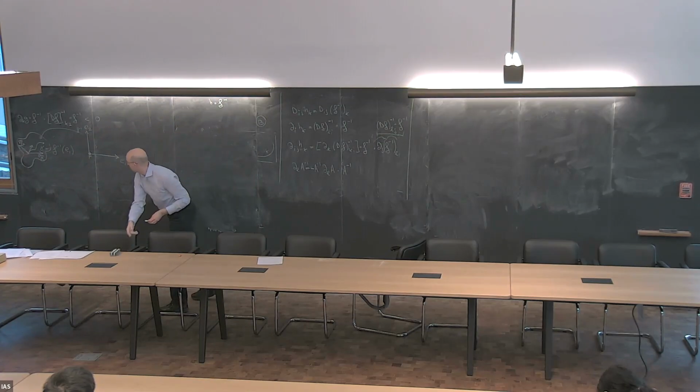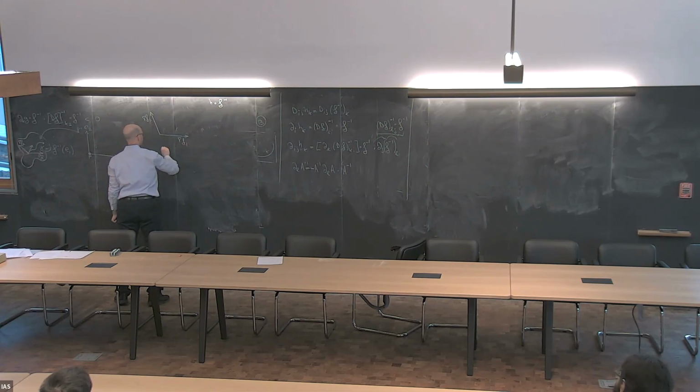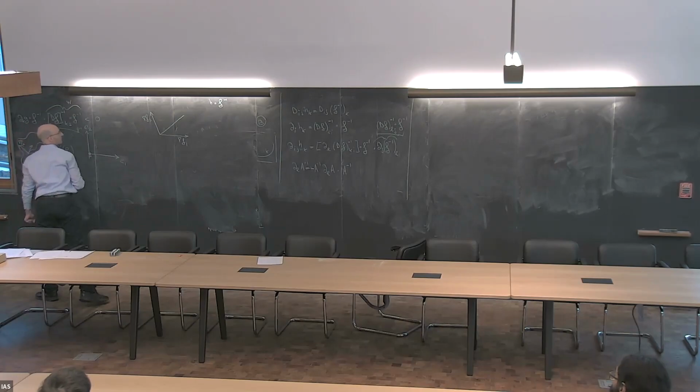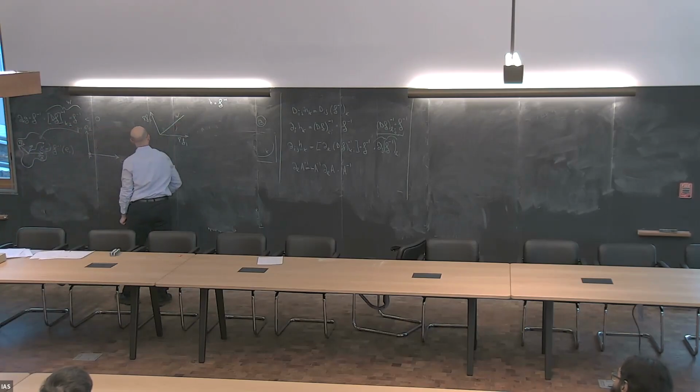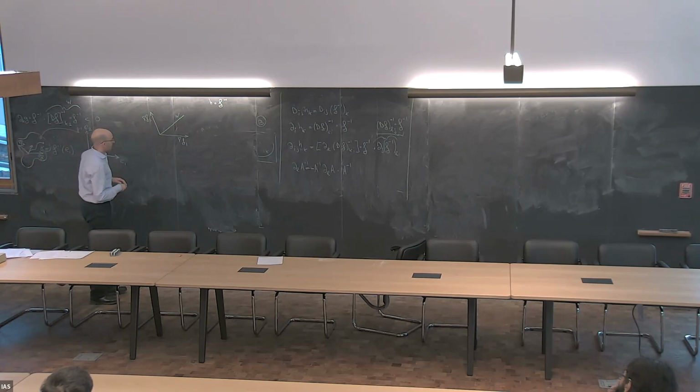So this is gradient of F2, this is gradient of F1. This is our vector over here, so let me call it W. Now gradient G has to have a negative scalar product with gradient of F2.